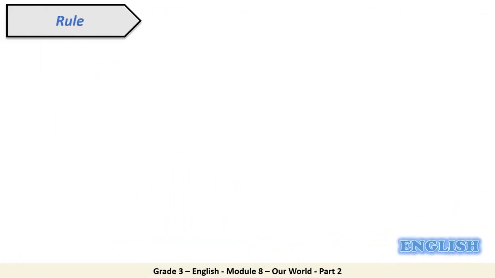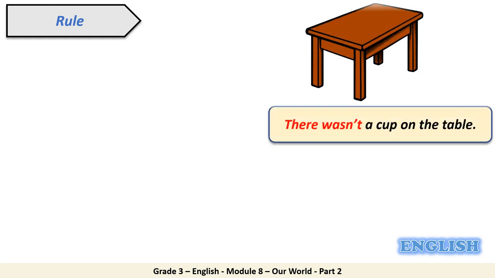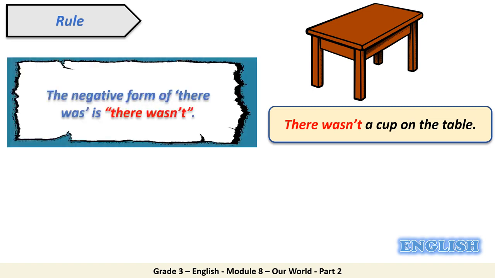Now, let's check out the rule for the negative forms. Let's look at the example. There wasn't a cup on the table. What can you tell me about there wasn't? Wonderful job! That's correct. The negative form of there was is there wasn't.